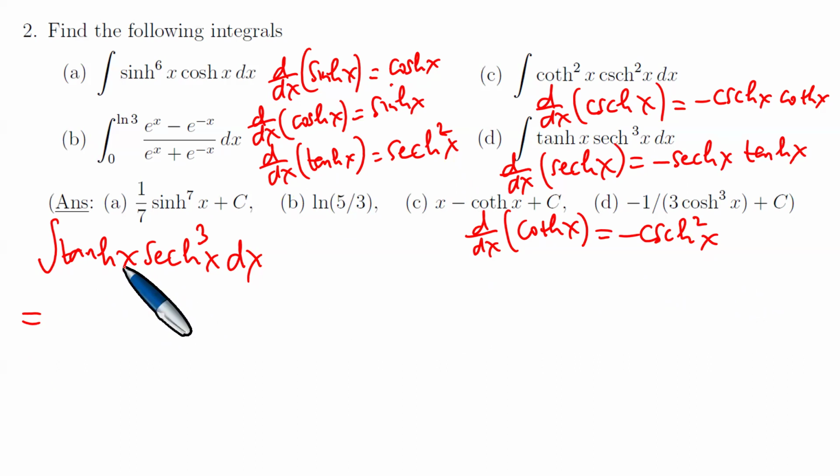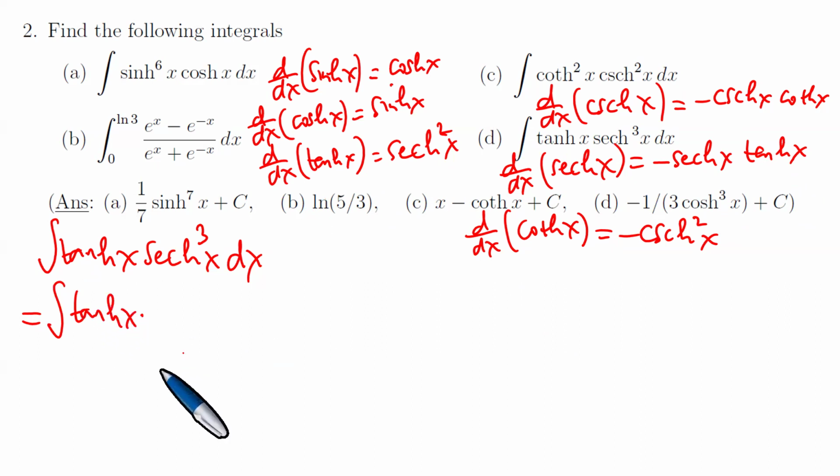If the student suggests, let's let u be the tangent, then it is going to be the sech squared. Now, if you let u be the sech, the derivative of the sech is sech tanh. It's going to work, but we need to do a little bit of work first.